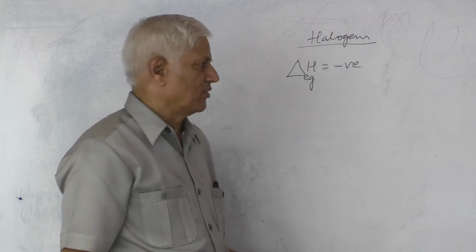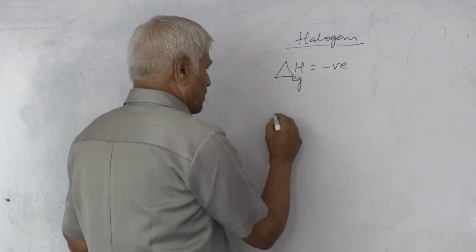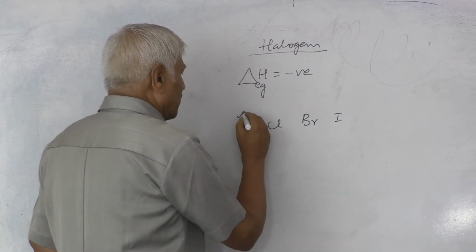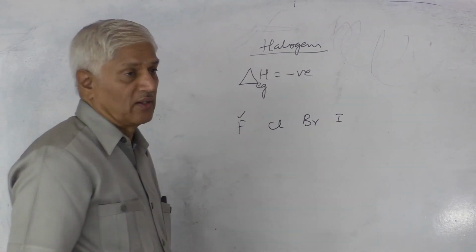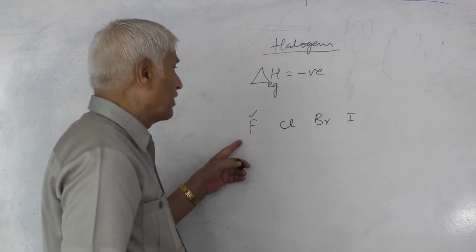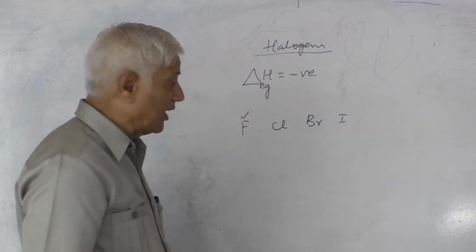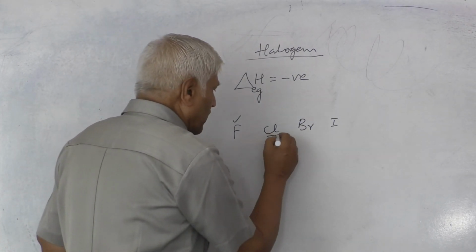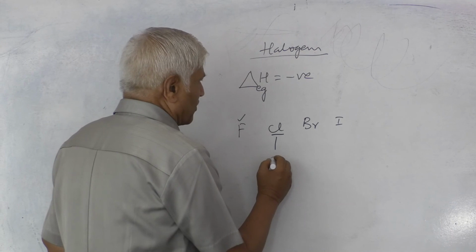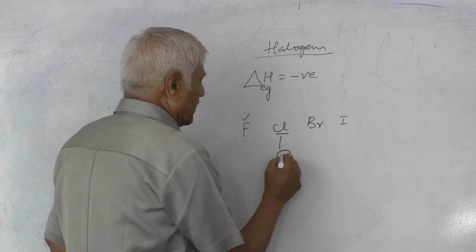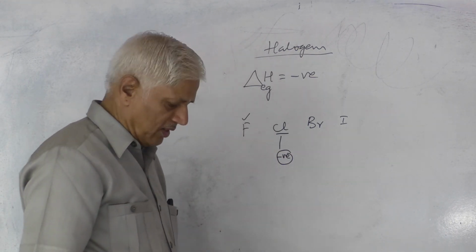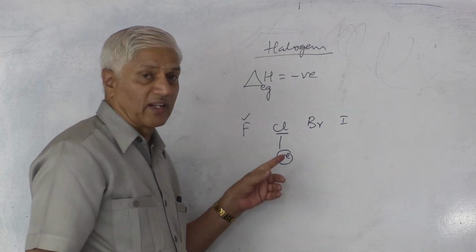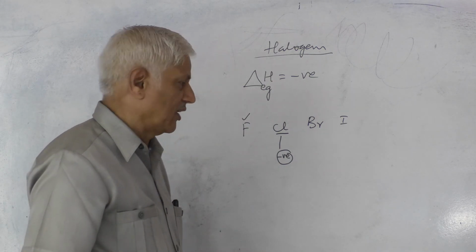They like electrons. Among the halogens, we expected fluorine to be the most, that is, electron gain enthalpy should have been most negative for fluorine. But actually it is chlorine which has the highest negative electron gain enthalpy, meaning highest attraction towards electrons.